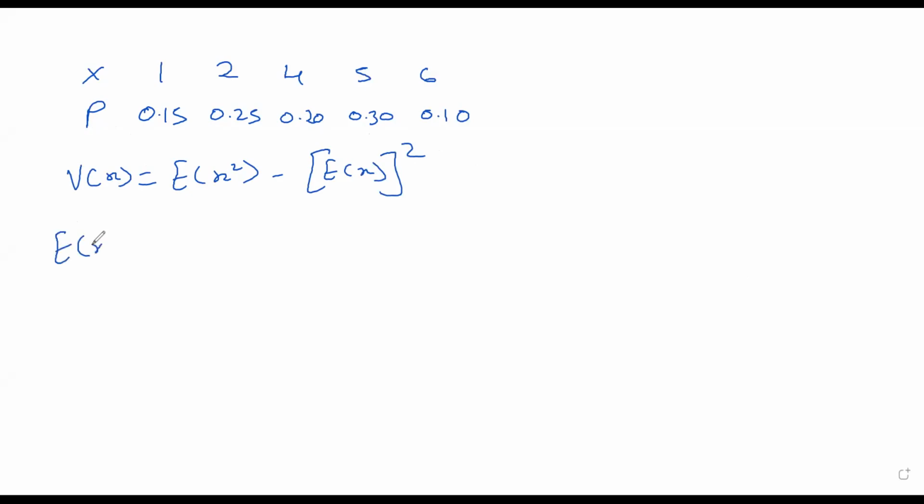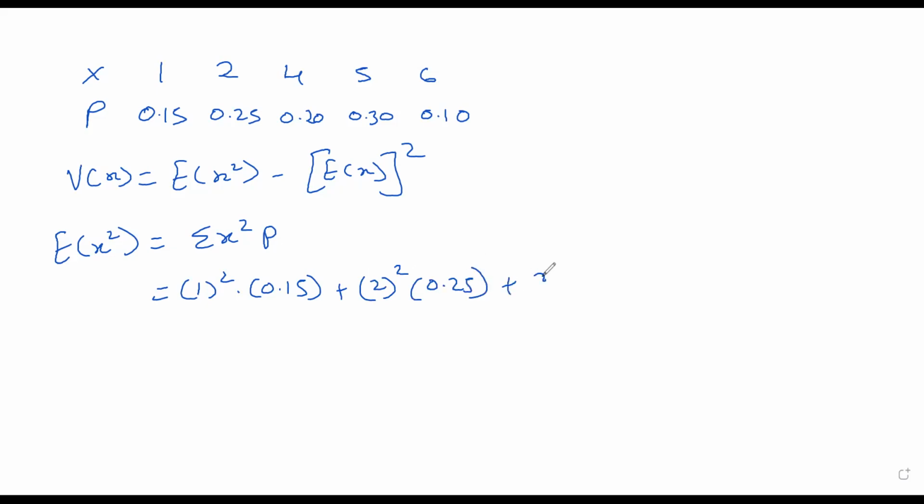E of x square is summation x square p. That is 1 square into 0.15 plus 2 square into 0.25 plus 4 square into 0.20 plus 5 square into 0.30 plus 6 square into 0.1.